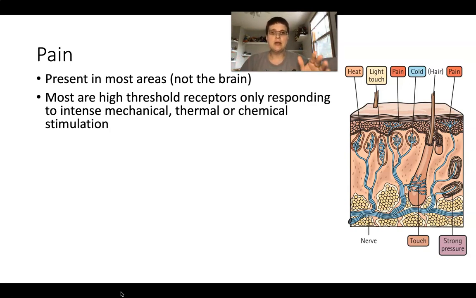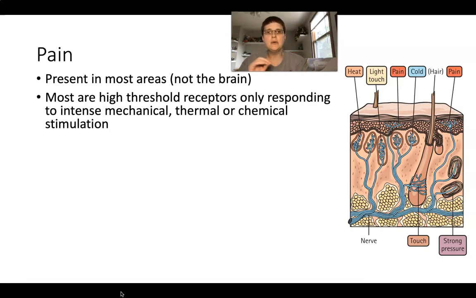Versus if you get stabbed, and I'm not going to show you that one, but if you get stabbed with that pen, that is going to be intense mechanical stimulation. That is going to fire these receptors because that's going to pass the low threshold into the high threshold and stimulate these pain receptors.